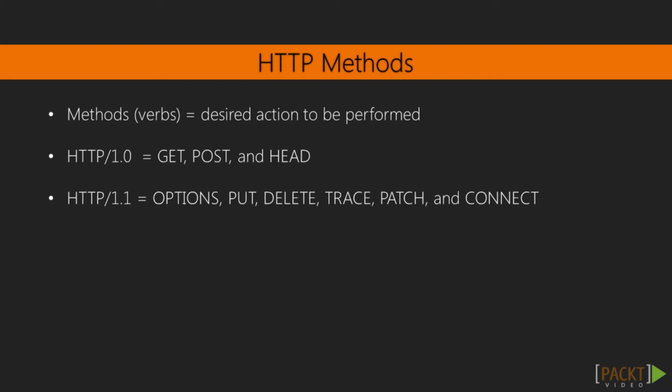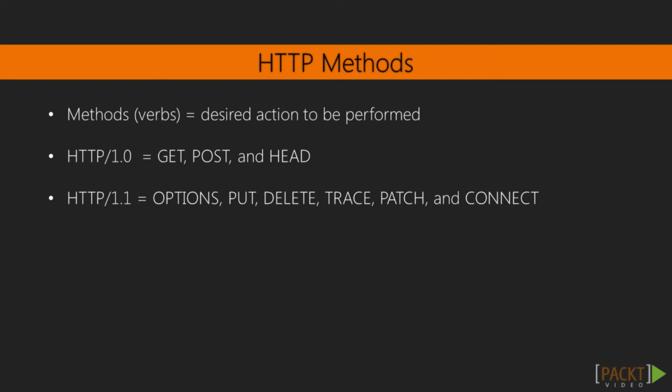Then, HTTP 1.1 introduced the following methods. OPTIONS provides the communication options for the target resource. PUT requests to store a resource identified by the given URI. DELETE removes all representations of the target resource identified by the given URI.